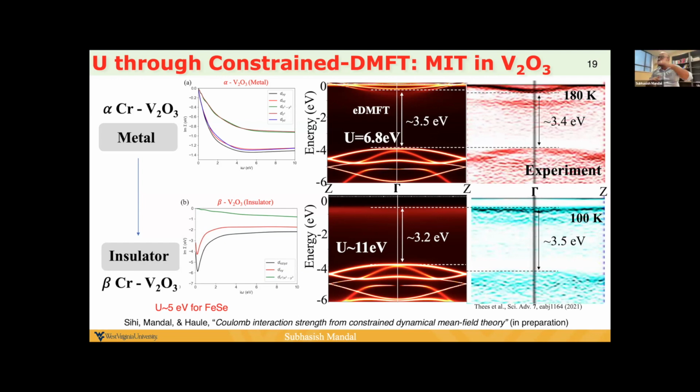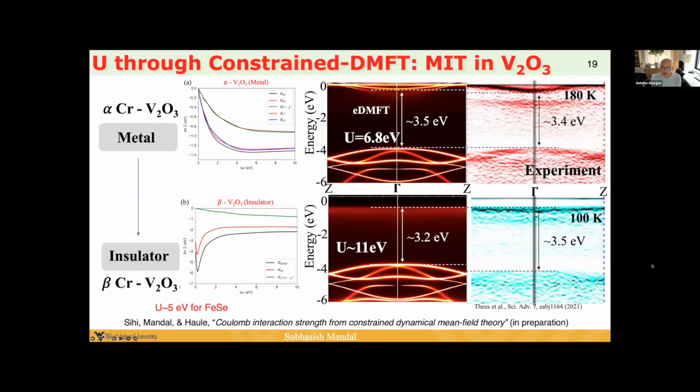It's really large because of our large window, and we have around plus minus 10 eV from the Fermi surface to the window of hybridization in our DFT plus DMFT, and that's the reason for getting a larger U.